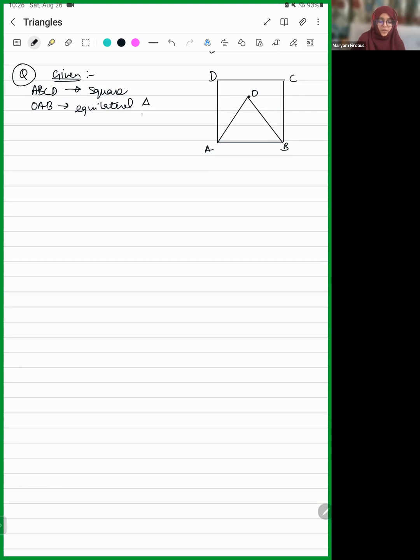Equilateral triangle means what? All three sides are equal, right? One more thing, equilateral triangle means all three sides are equal and all three angles are equal. Very good. So then after that, we have to show that triangle OCD is an isosceles triangle.